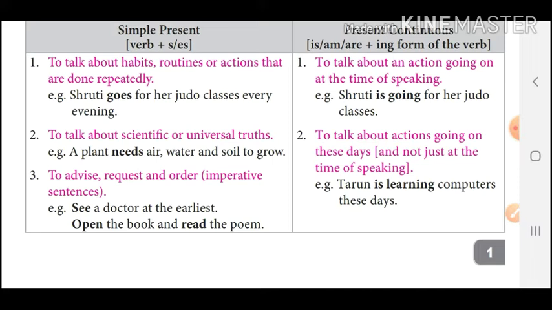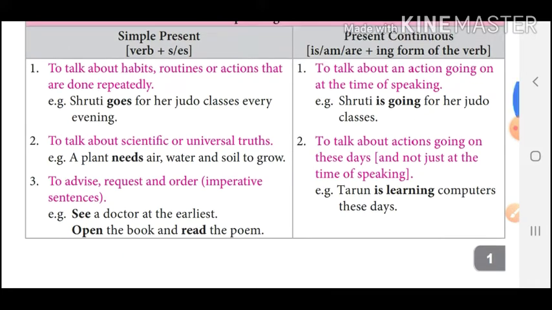The ozone layer gets thinner day by day. So all these sentences are in simple present tense. When we talk about scientific or universal truths, we use simple present tense.